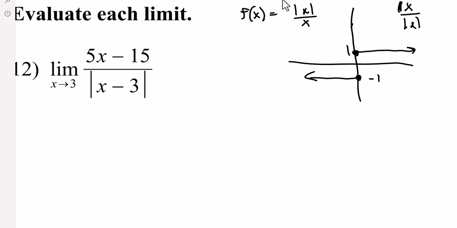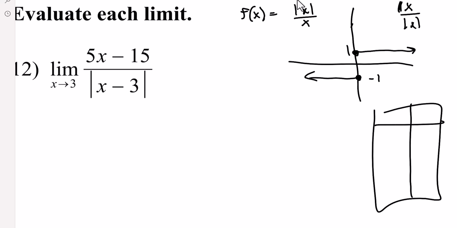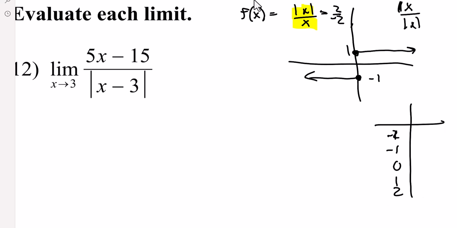And it just works. If you were to do a table of values and you had this function right here, and we did -2, -1, 0, 1, 2, and you plugged -2 in there, well, the absolute value of -2 is 2, and over -2, 2 over -2 is -1, which is what I wanted.